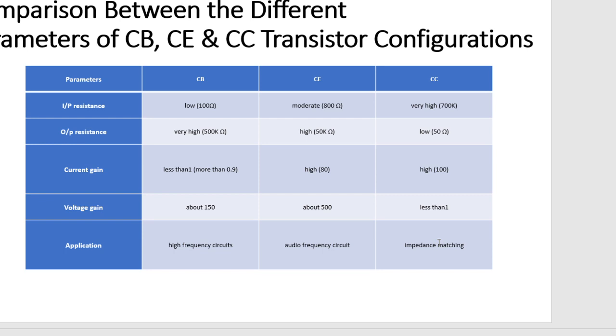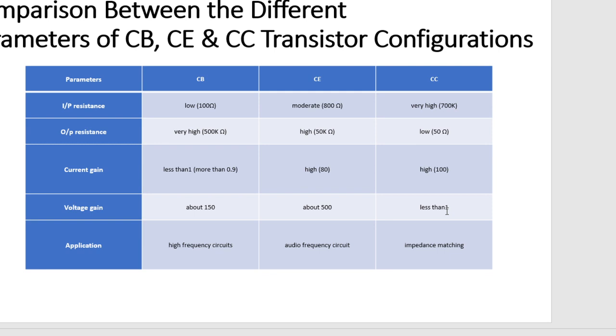For any such application, the transistor should offer a very high resistance at the input and a low resistance at the output. So CC is used for impedance matching or buffer amplifier applications. The current gain is very high, but the voltage gain is less than 1. It is approximately equal to 1, but is less than 1.